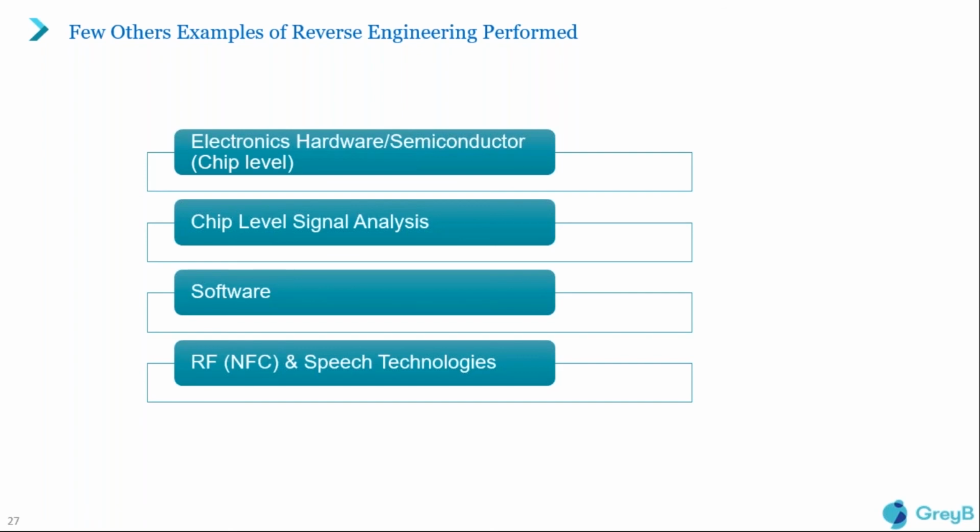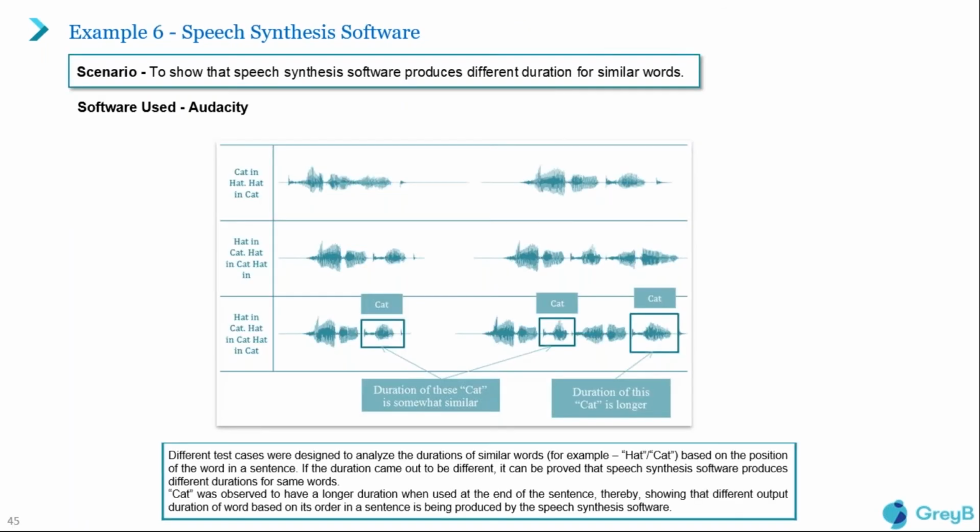It was basically analyzing a text to speech engine. What we were trying to figure out was how a text to speech engine works based on the placement of a word within a sentence, and how that affects the pronunciation of that word. So we made a lot of test cases, ran those test cases, and observed what output we were getting.